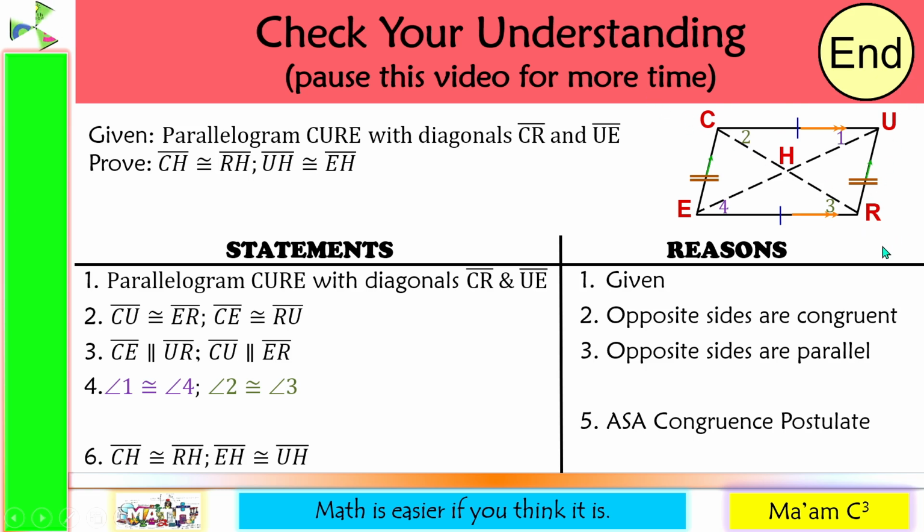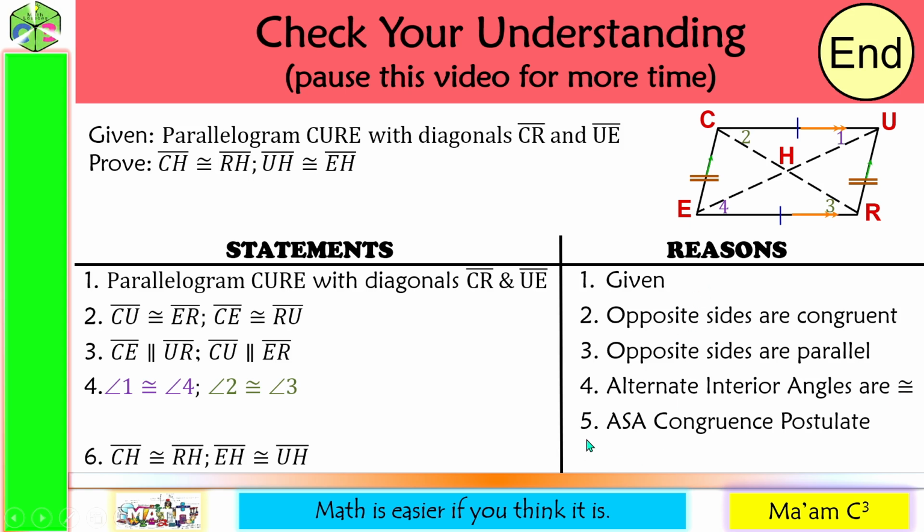And we have learned that alternate interior angles are congruent. That is why angle 1 is congruent with angle 4 and angle 2 is congruent with angle 3. Alternate interior angles are congruent.